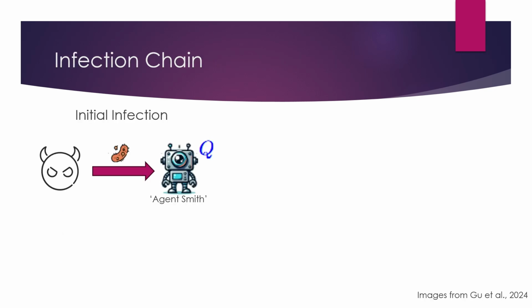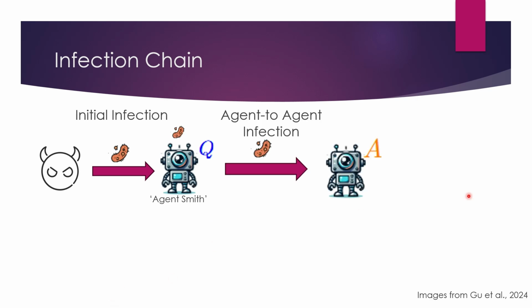So how does an infection happen? Well, it starts with an initial infection. A malicious human actor, Eve, infects one singular agent, in this paper called Agent Smith. Agent Smith starts with an agent-to-agent infection.